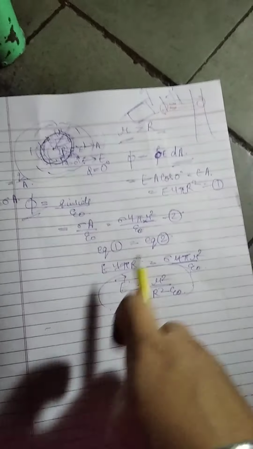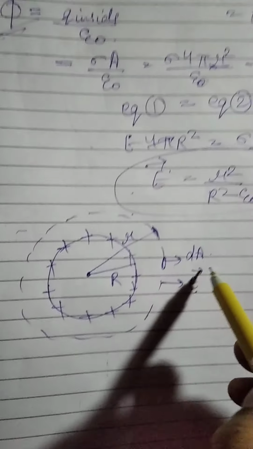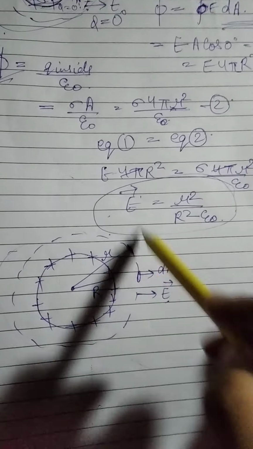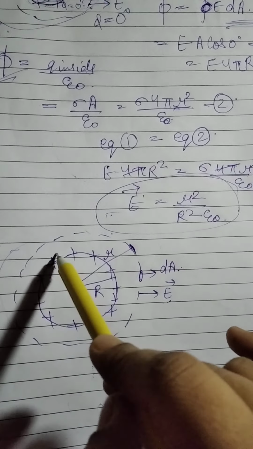Okay, so I'm drawing a fair diagram of this here so you can understand this more. So see, I have drawn the fair diagram. Electric field is this, small area dA this, but we have taken capital area here because it is uniformly charged. This is uniformly charged.